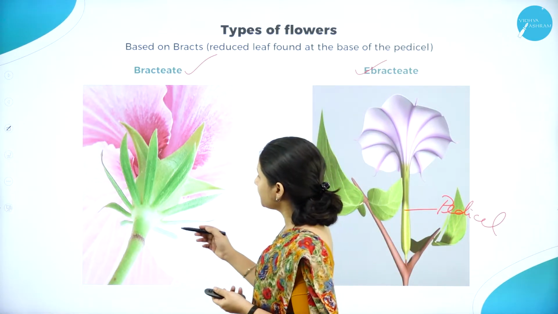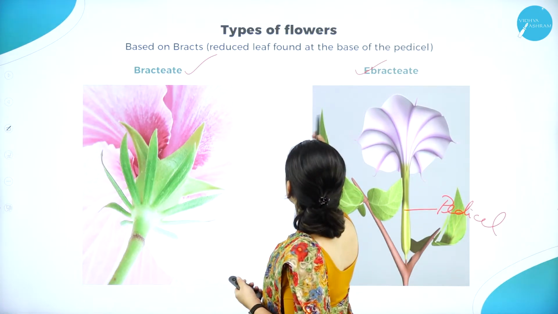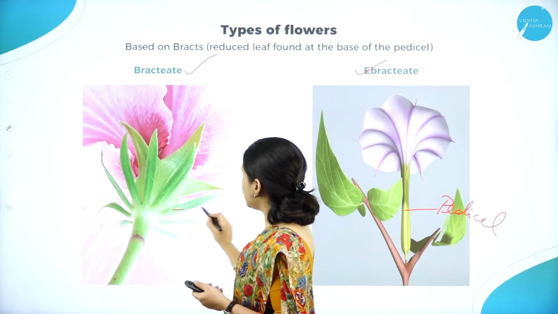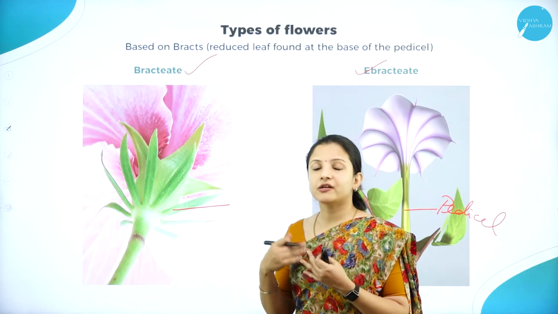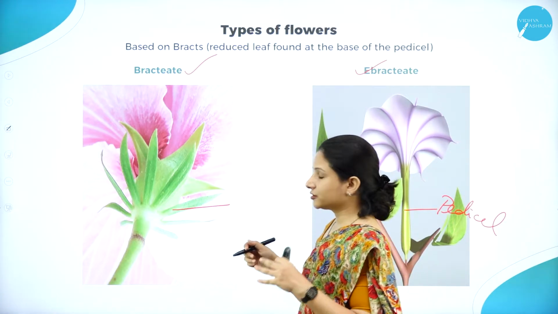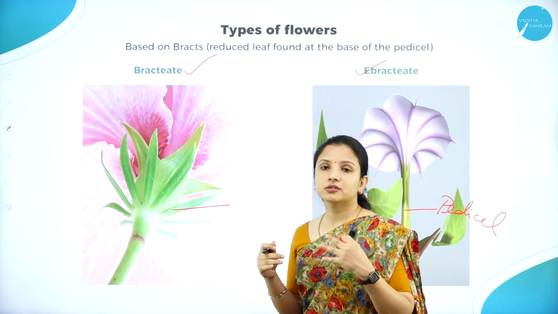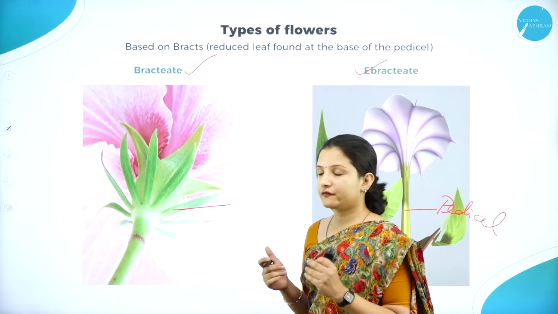At the base of the pedicel, we can see leaf-like structures. These are the leaves themselves, which get reduced and modified into bracts. They are also green in color and serve photosynthesis because they have chlorophyll pigment.